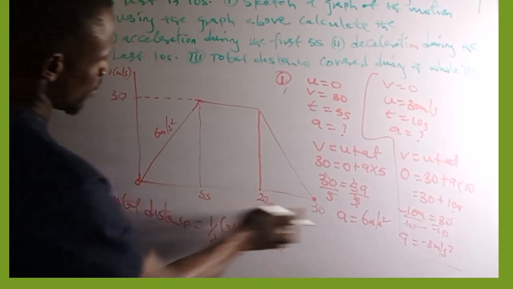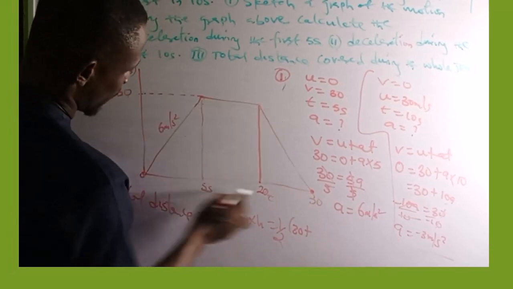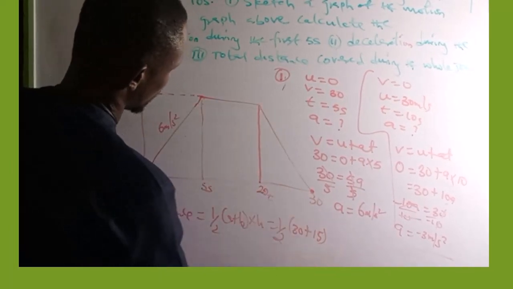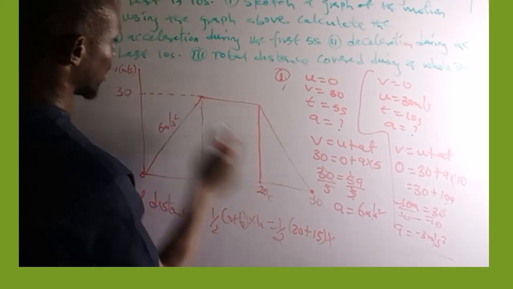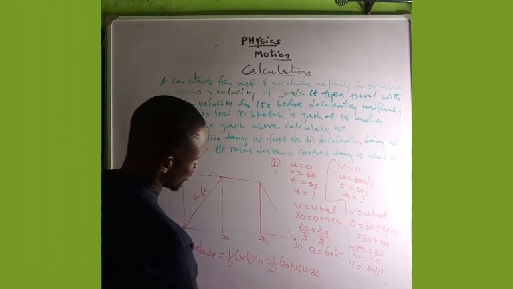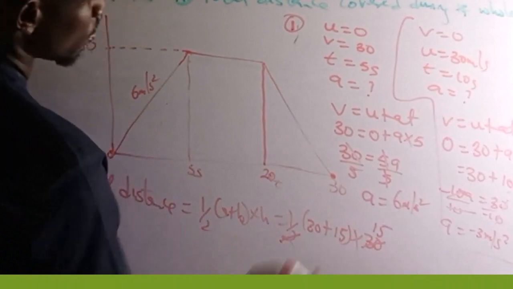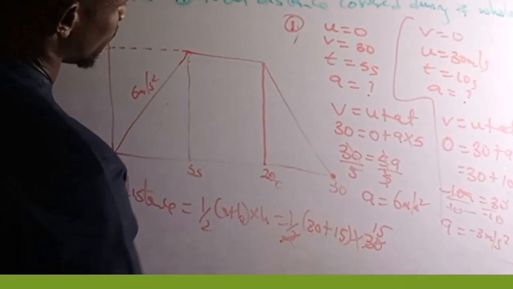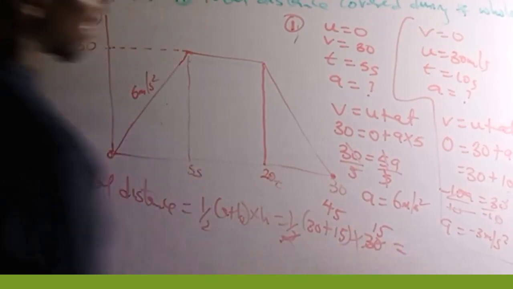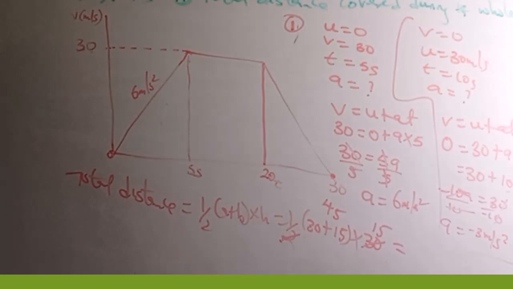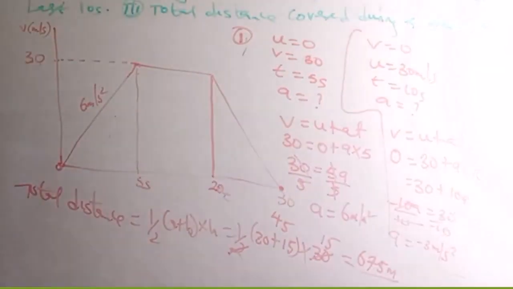A is the first base from here to here, which is 30, plus from here to here, 5 to 20, is 15, is it not? What is the height? Height is from here to here, which is 30, times 30. 2 goes into 30 is 15. So we have 30 plus 15 is what? Is 45. 45 times 15 is what? 675. 675 meters is the total distance traveled.